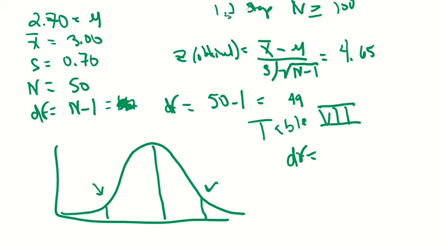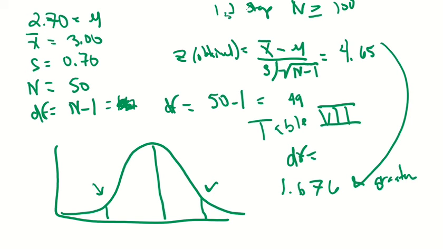So we go to the top to 0.05 and we come down to 50, and that gives us a level of error that we're willing to accept of 1.676, right? And we know that our z obtained is greater than this.